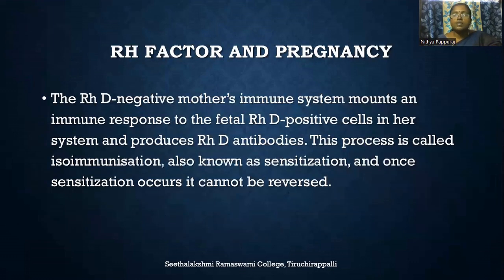When she receives this small quantity of blood from the fetus, the mother's immune system immediately responds and produces antibodies. So the immune response to the fetal Rh positive cells produces anti-RhD antibodies. This process is called isoimmunization, and it is also known as sensitization. Once sensitization occurs, it cannot be reversed.